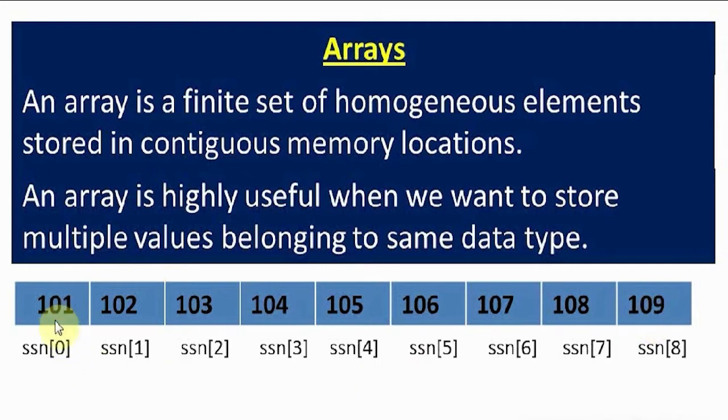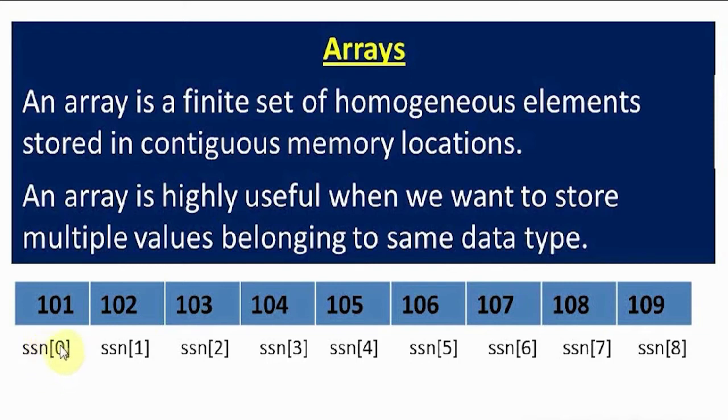Now, how will these values, which are called array elements, be referred to? The first element in an array will be referred to as follows: first we give the name of the array, and within square brackets we write the subscript number, which is also called index. So SSN is the name of the array.